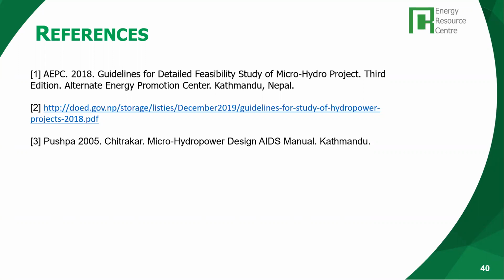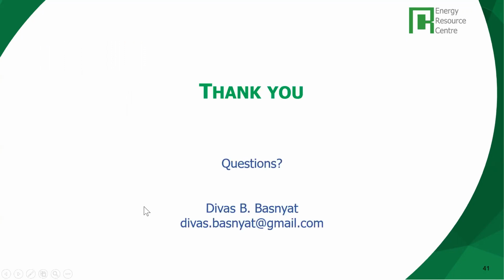The third one is the mini hydro design aids, which I have referred to many times. Apart from that, the UNIDO small hydro program also has guidelines for small hydro, the reference of which I have provided earlier. So these are some of the references useful for feasibility level report preparation.